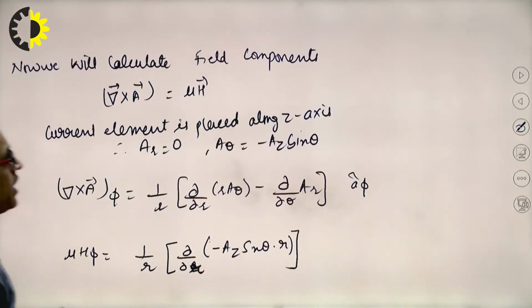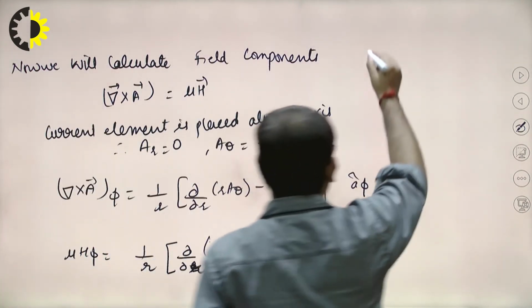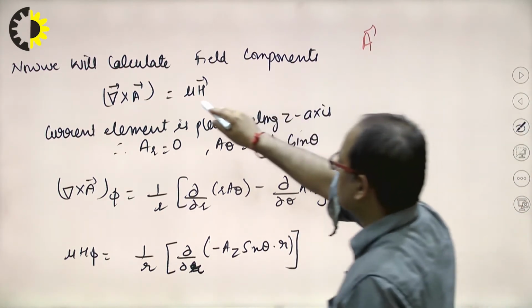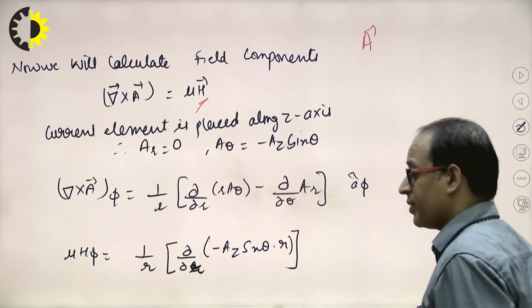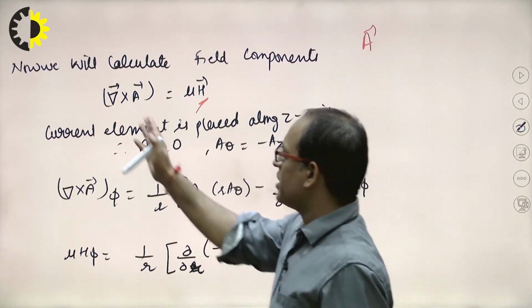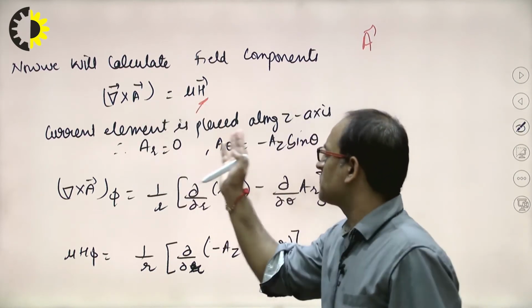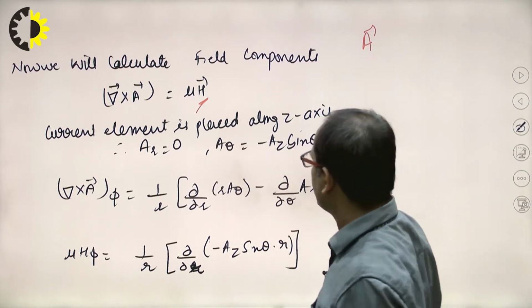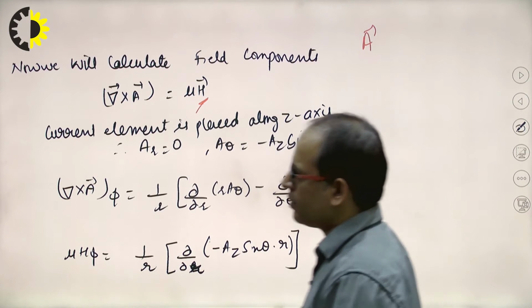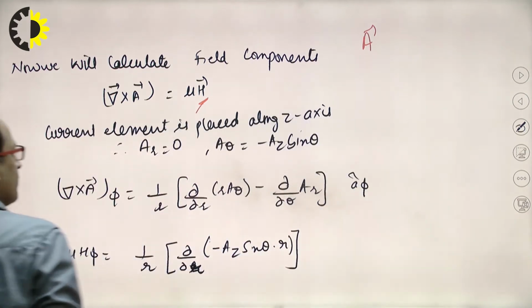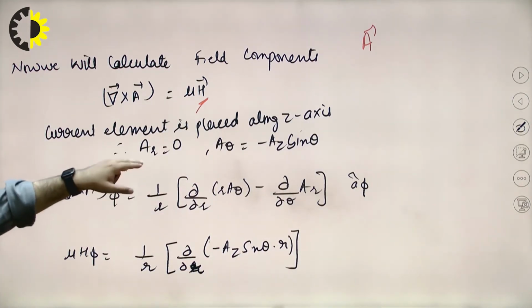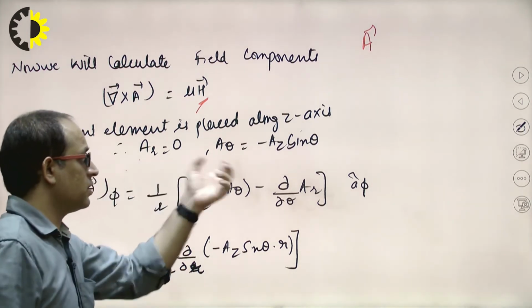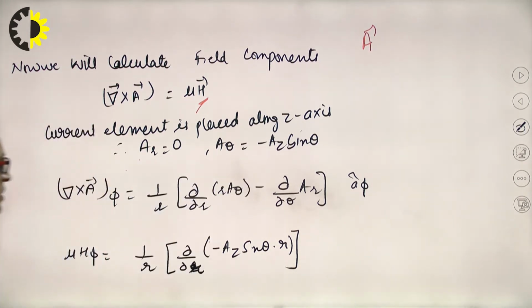Now as I have calculated the A vector, from the A vector I can calculate the H magnetic field. So the current element is placed along the z axis, so there will be existence of only the Az component, and there will be no Ar component, that is Ar will be equal to 0 and A theta is equal to minus Az sin theta.